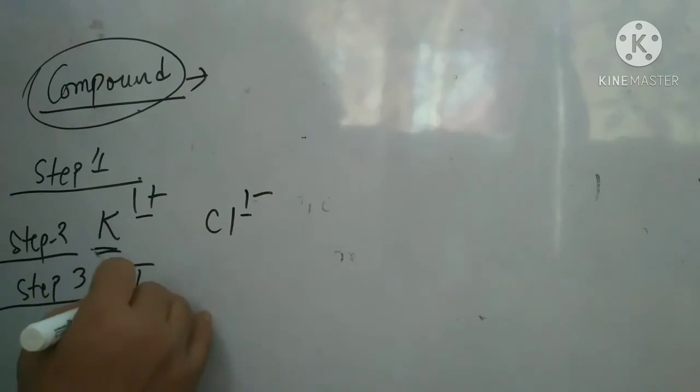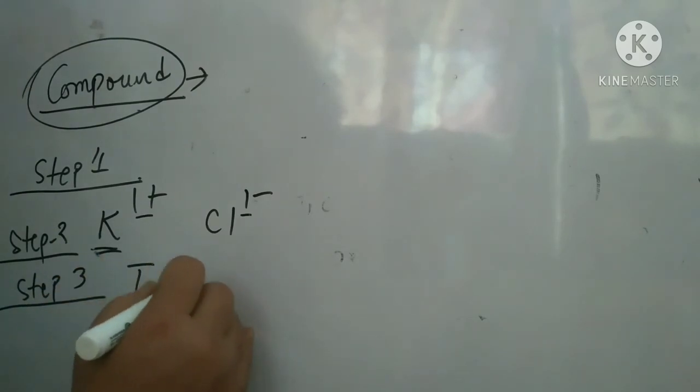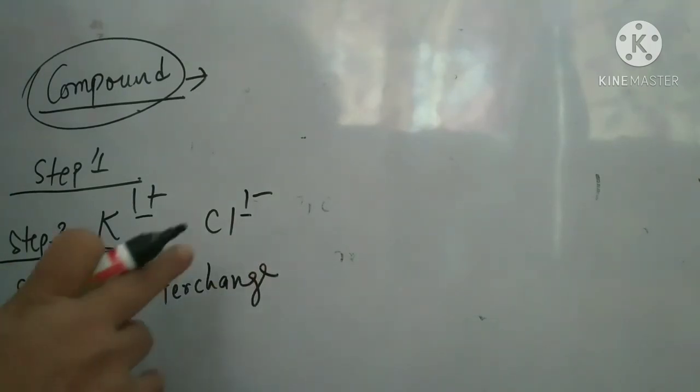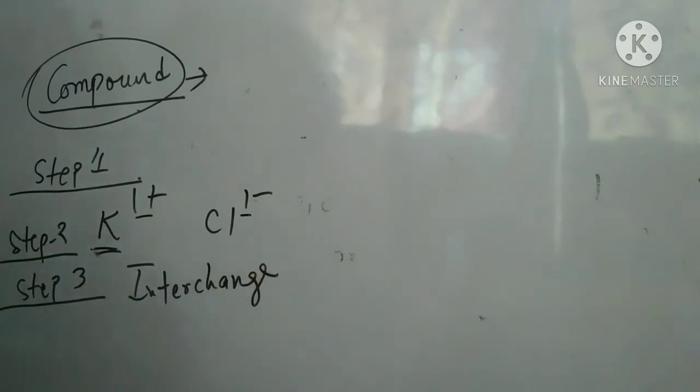Interchange the valency number of each atom or radical and shift it to the lower side of the atom or radical. Now potassium, this is chloride.